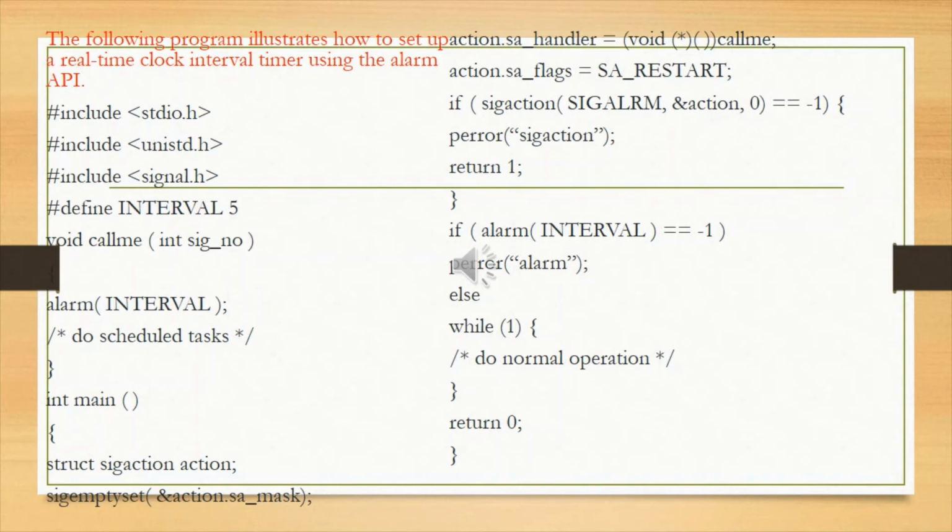The program then invokes the alarm API to send itself the SIGALRM signal after 5 real clock seconds. The program then performs its normal operation in an infinite loop.